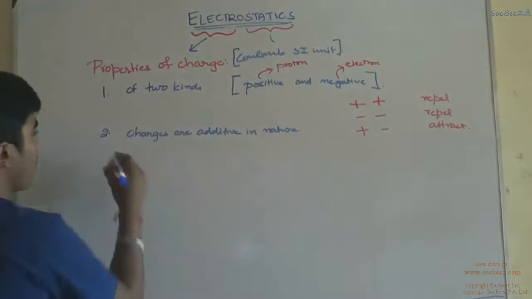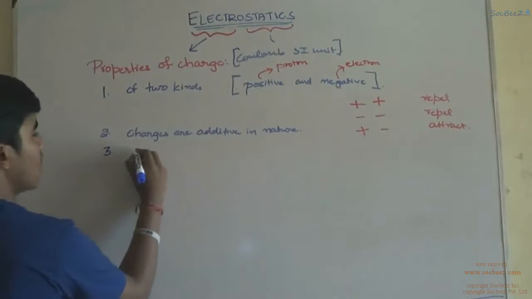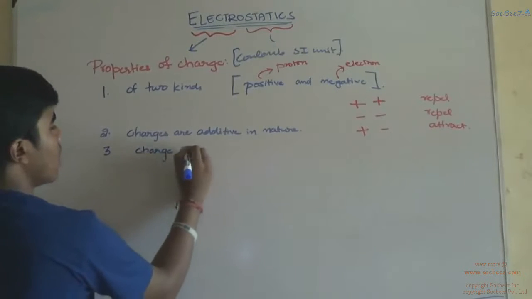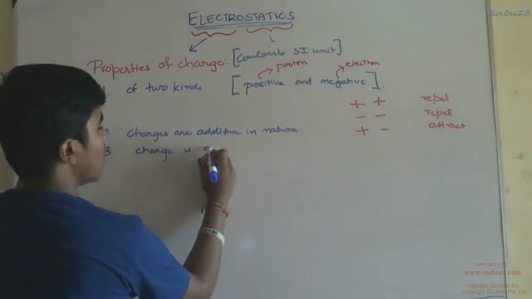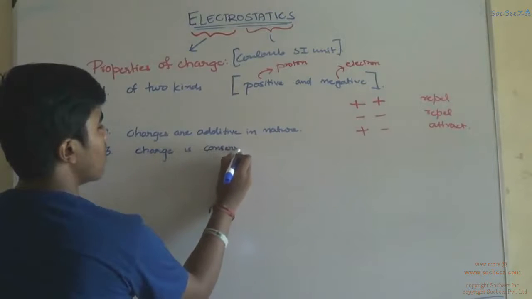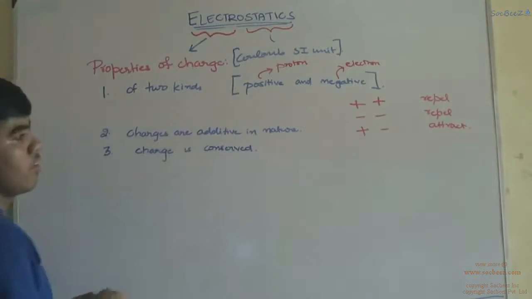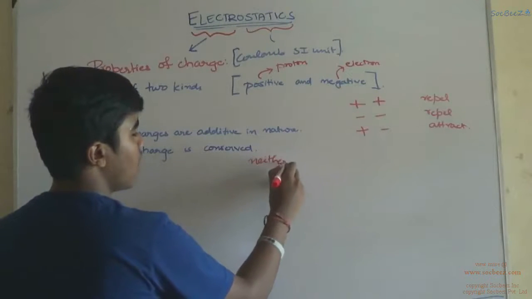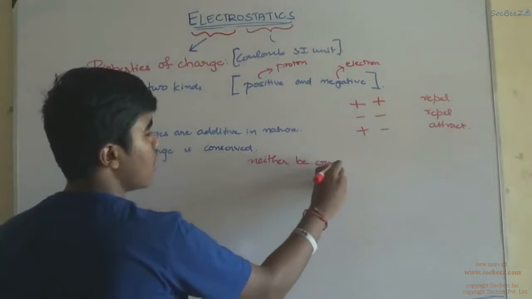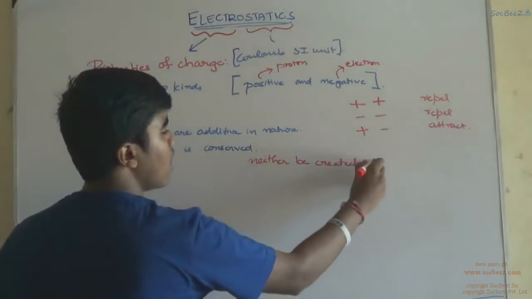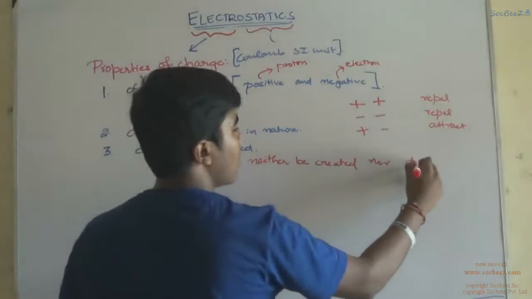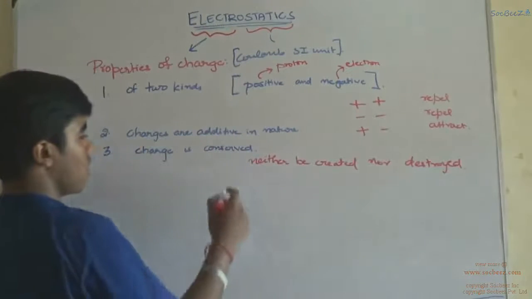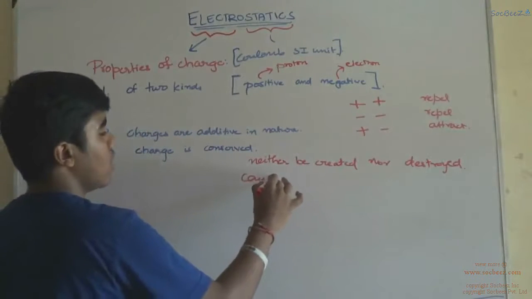Now the third property is that charges are conserved, which means that charge can neither be created nor destroyed. It can only be transferred.